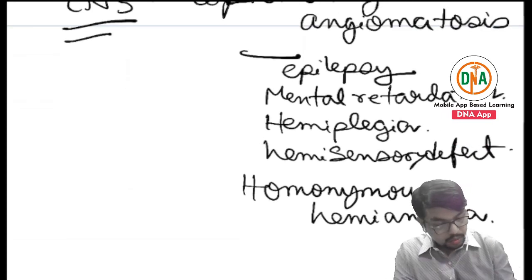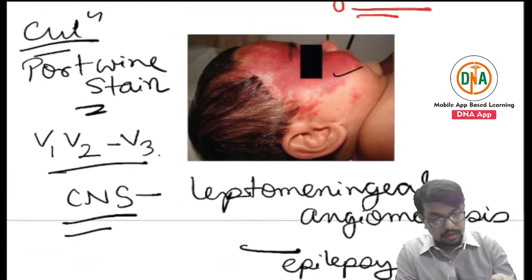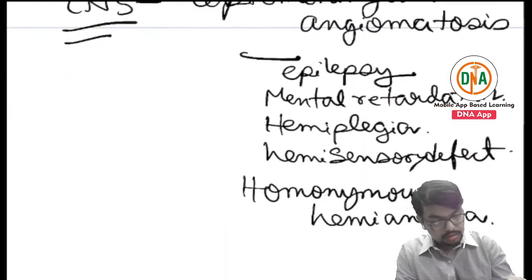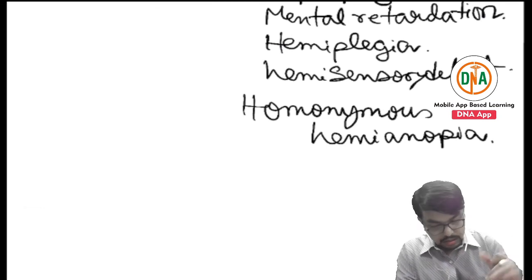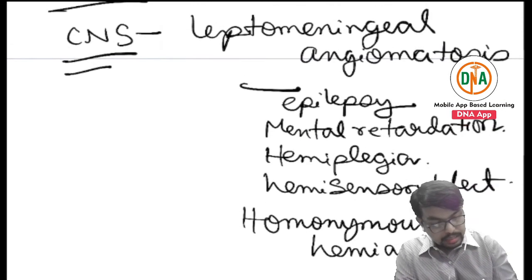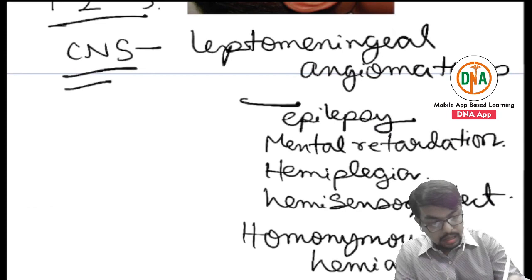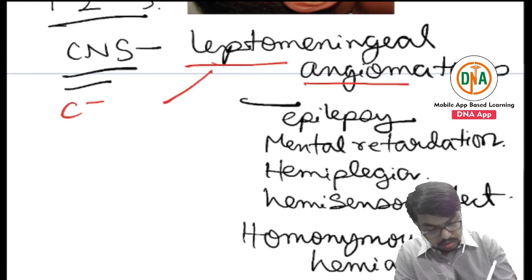Okay, now as it is encephalotrigeminal angiomatosis, you can expect some eye changes also. Okay, in CT scan, this leptomeningeal angiomatosis gives a tram track appearance.